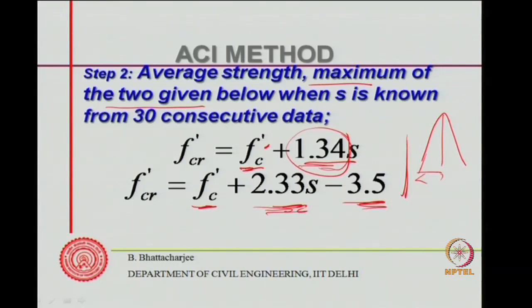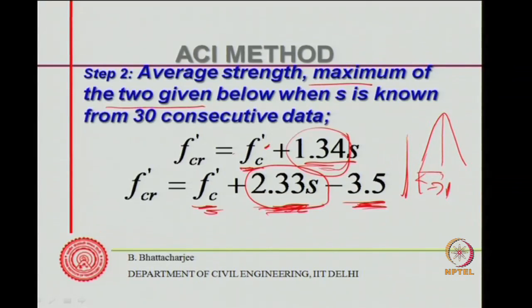Here this value is somewhat different, because it is not 5%, and this minimum strength is stated to be this. So, minimum strength plus 2.33 S should be the average strength. This is again with certain confidence limit. So, whichever gives you higher, you choose the one whichever gives you higher.